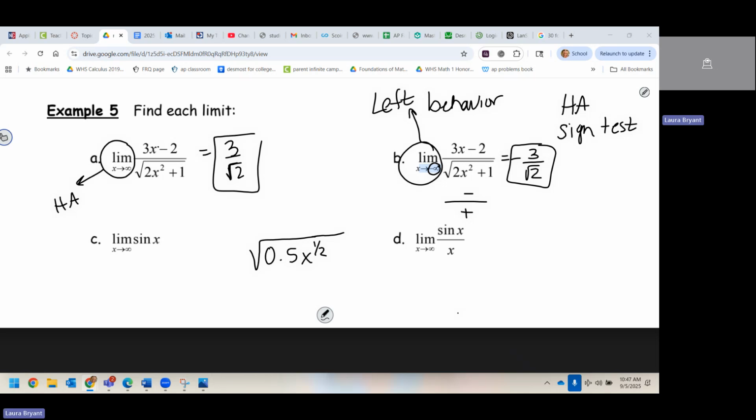Oh, you're saying if the power is a fraction. Well, you can't take even roots of negative numbers, so that wouldn't be a situation that would happen anyway. But if it was a third in there, odd roots keep the same sign. So if you plug in a negative, you get a negative out.